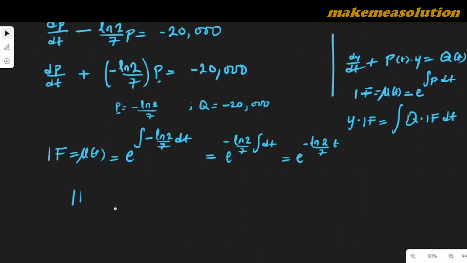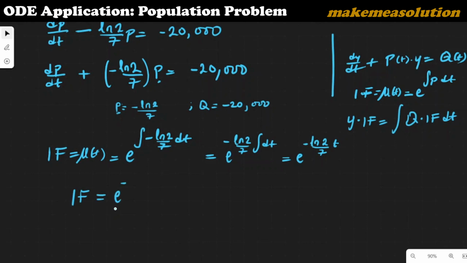Now you watch what I'm going to do to this particular case to simplify it. Our integration factor is actually exponential minus (ln 2)/7 t. Now if I play with my law of indices a little, I'm going to simplify the way of expressing this integration factor. So let's go together.